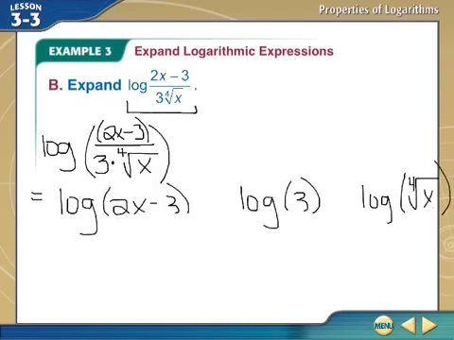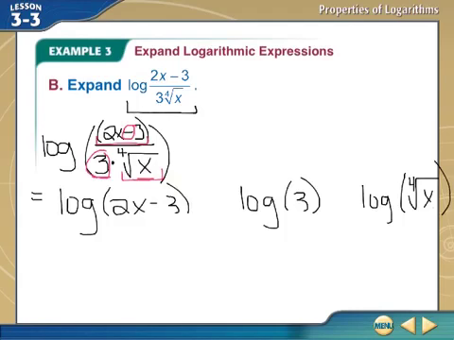The reason I gave the 3 and the fourth root of x their own logarithm is that the terms on the bottom are separated by multiplication, whereas the terms on top are separated by a subtraction sign. So I'm treating 2x minus 3 as one expression rather than 2 separate expressions. That's why 2x and negative 3 don't get individual logarithms.